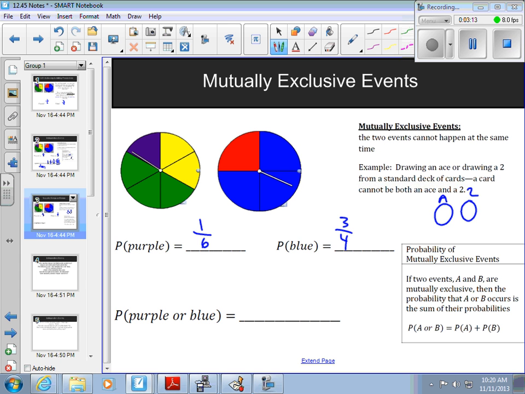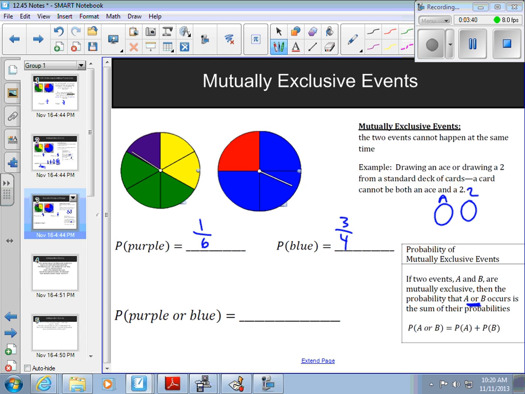So when we're doing a problem where they want to know what's the probability of spinning a purple or spinning a blue, okay, then when they're mutually exclusive, if two events A and B are separate, then the probability of A or B occurring is found when you sum or add their probabilities together.